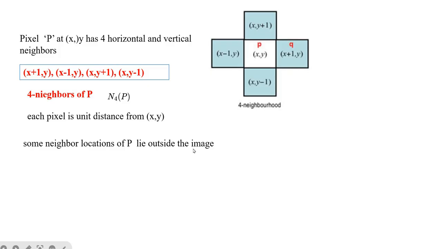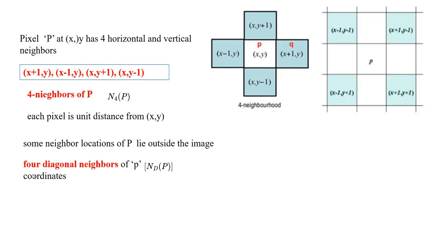Now next are the diagonal neighbors. The 4 diagonal neighbors of P are represented by nd of P. Now you can see this image. This is the center pixel, or the pixel of our interest, and these pixels are called the diagonal pixels.